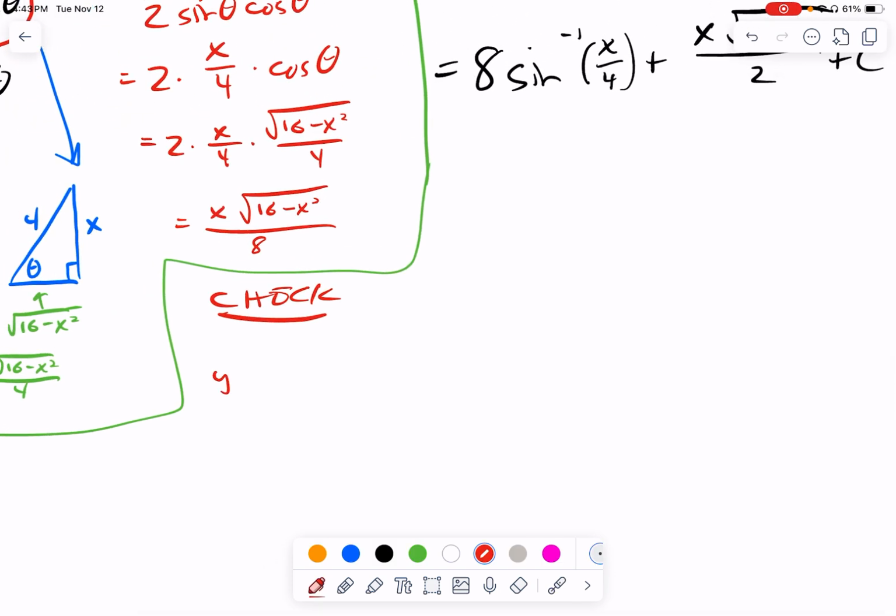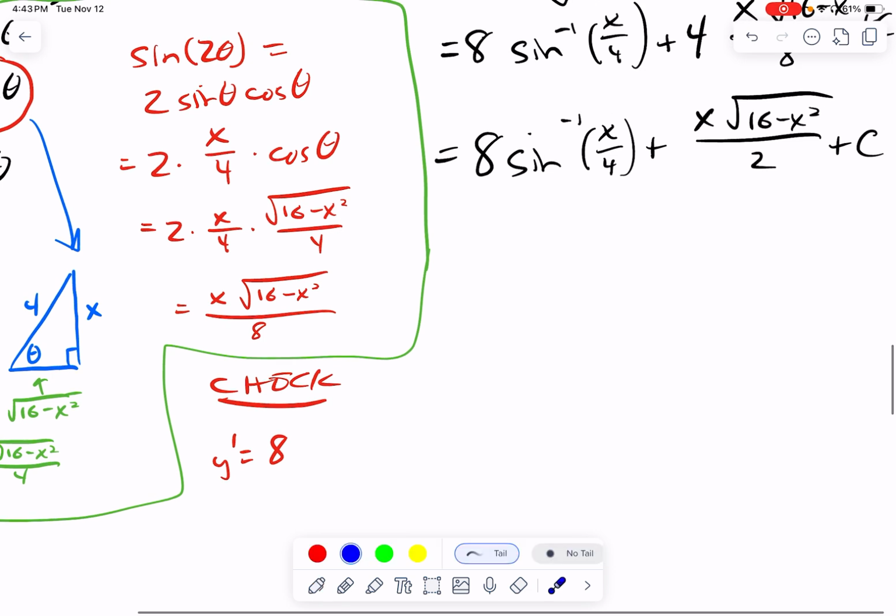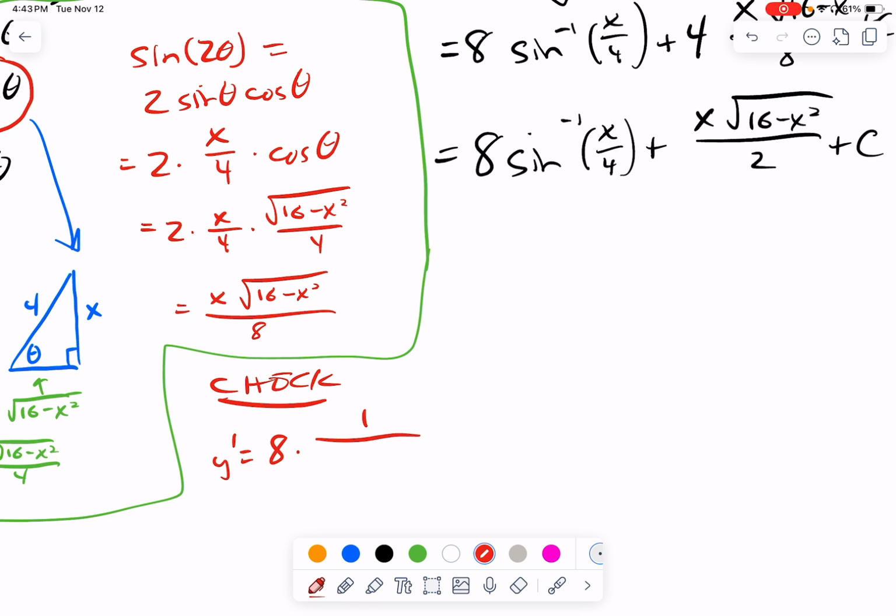So y prime would be 8 times the derivative of inverse sine of x over 4. So that would be 1 over the square root of 1 minus x over 4 squared. That's just our inverse sine pattern. Times, by the chain rule, 1/4, because that's the derivative of x over 4.